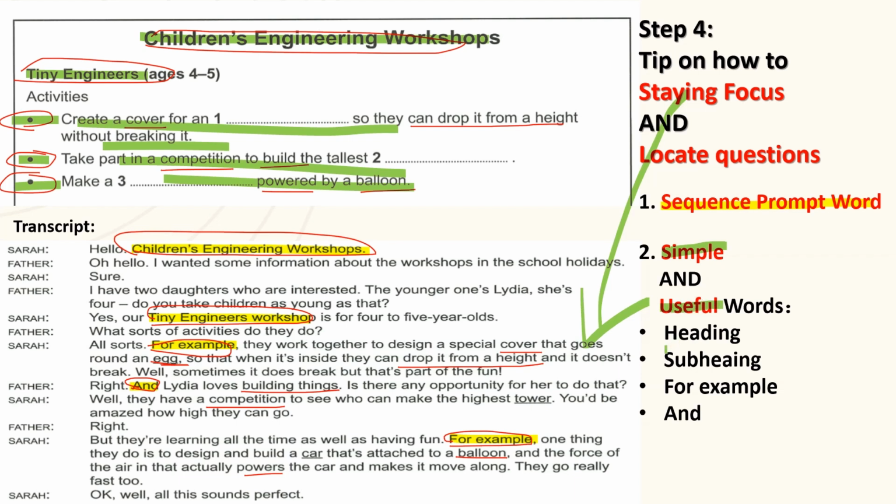By keeping track of them, we can accurately identify each transition in the recording, helping test takers understand exactly where they are in the recording at any given moment. By locking onto these sequence prompt words, we can direct our attention to a specific sentence. Then, the next step is to focus on this specific sentence to ultimately identify the answer.